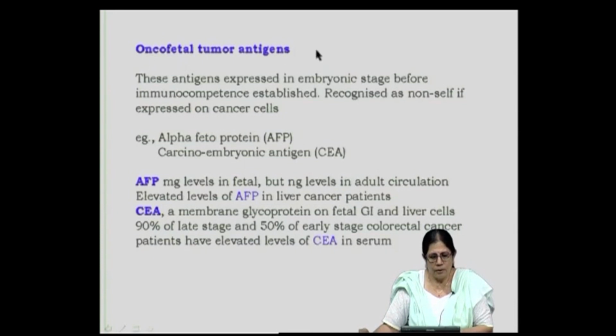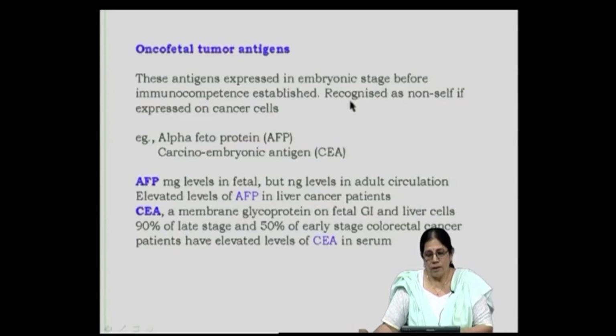Another set of oncofetal tumor associated antigens are AFP, or alpha fetoprotein, and carcinoembryonic antigen. They are called oncofetal because these antigens are expressed in the embryonic stage before immunocompetence has been established.